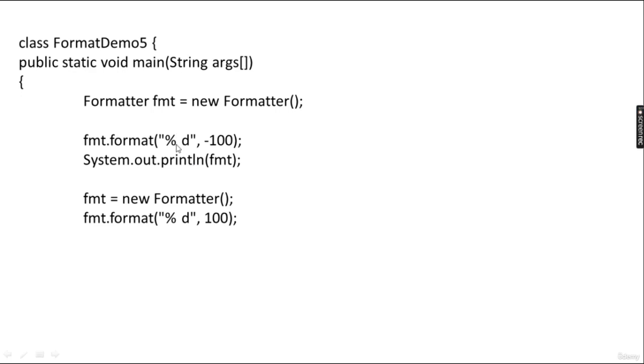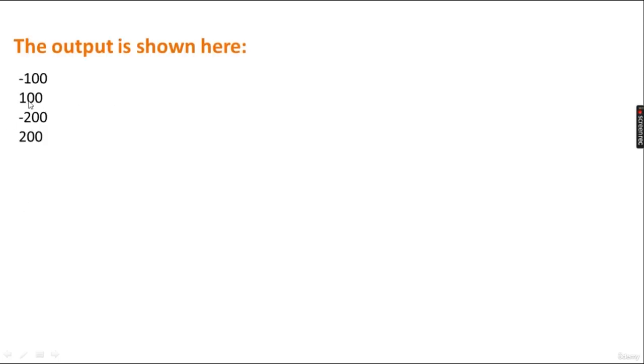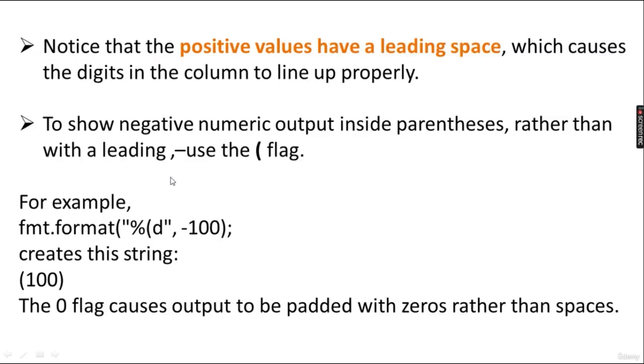Here we have added a space after this percent, and here also we have added a space. Then again a Formatter object is created, %space d, minus 200, out println format and 200. So the output is minus 100, plus 100, minus 200, plus 200. Positive values have a leading space, which causes the digits in the column to line up properly.